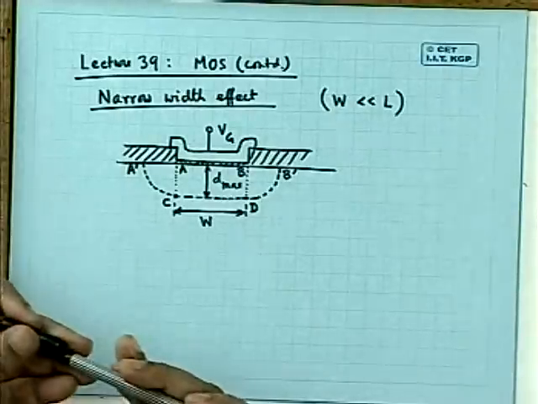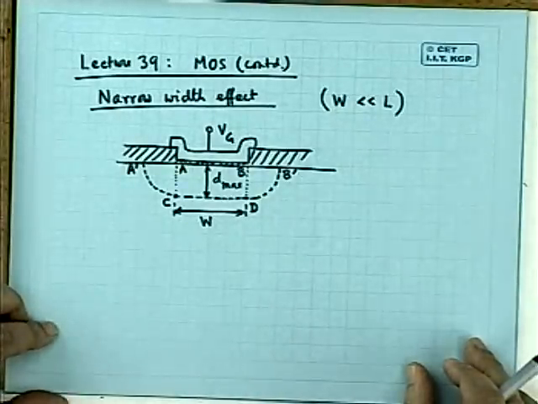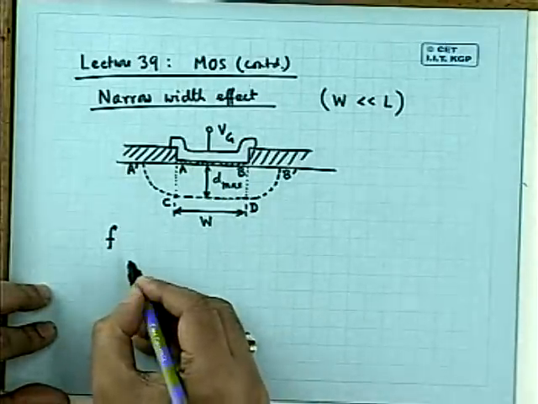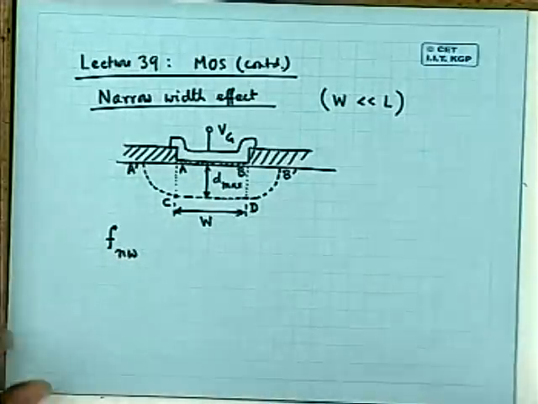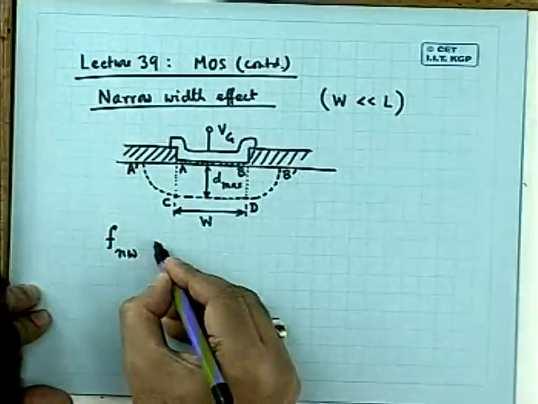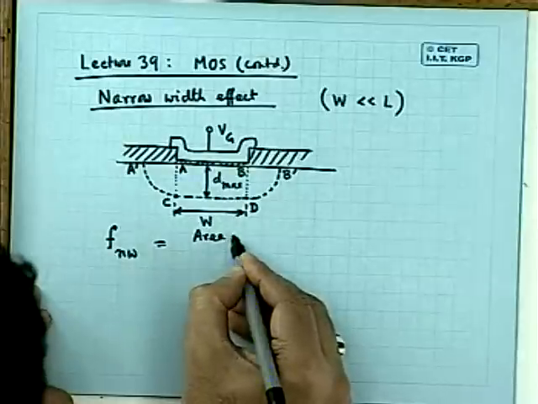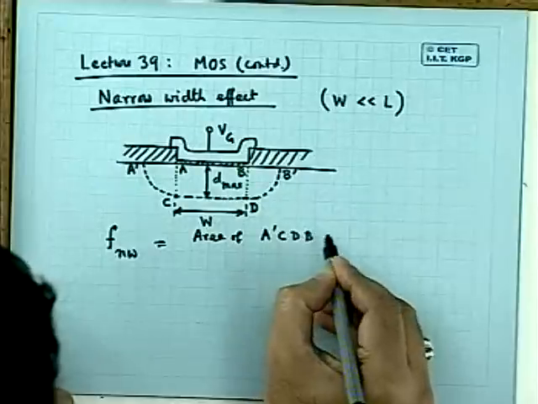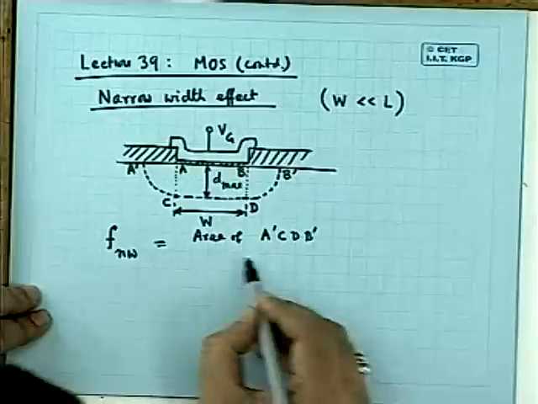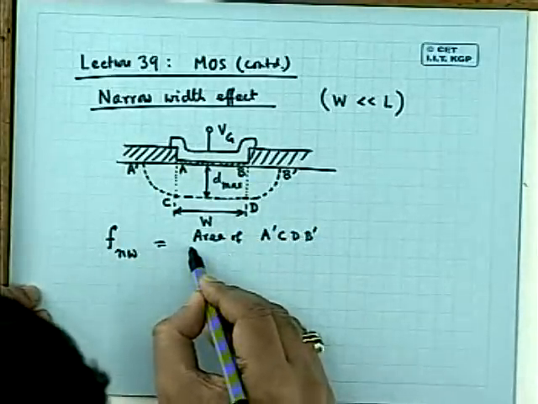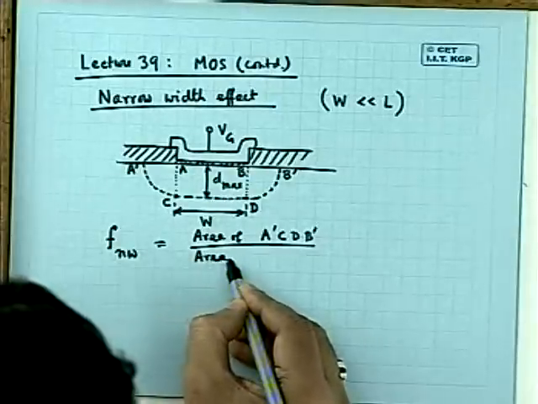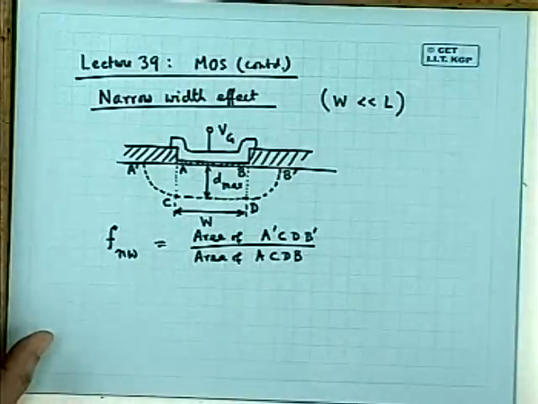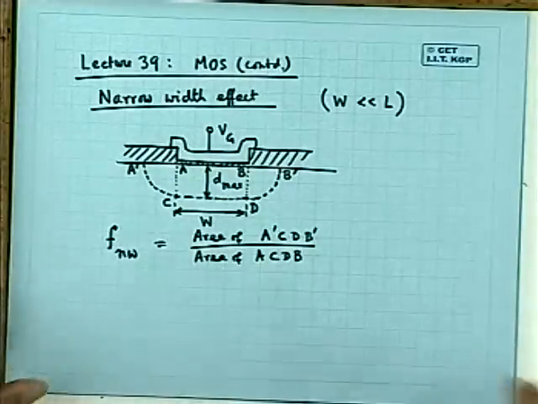So in this case, I can now again define a charge sharing factor which I call F narrow width effect, and that is equal to the area of A dashed C D B dashed, the whole thing divided by the area of A C D B rectangle. I am assuming it is uniformly doped.